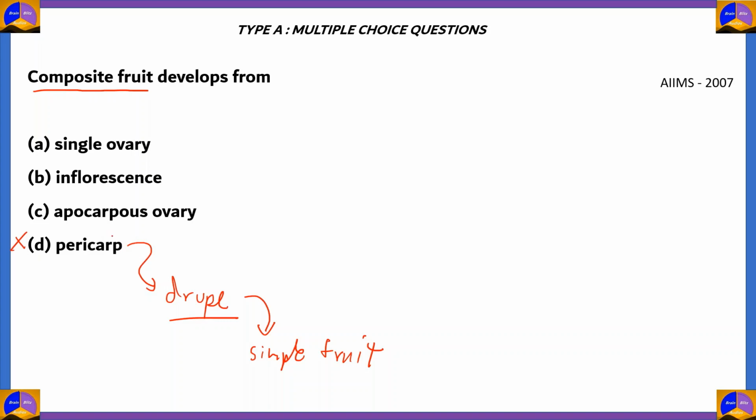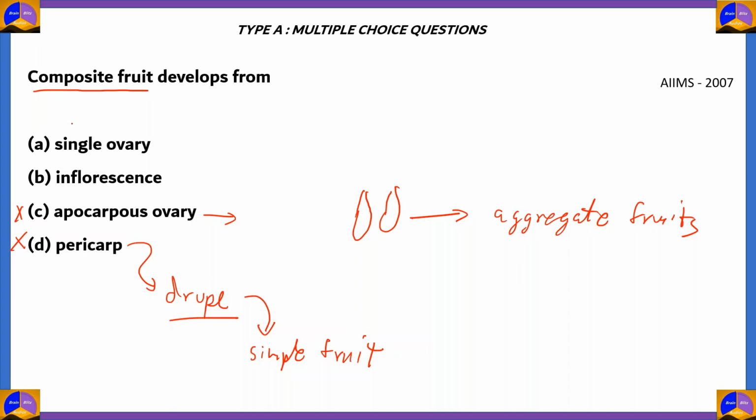Let's look at option C, apocarpous ovary. Apocarpous ovary means that the ovary is made up of two or more gynoecium in a cluster. This forms an aggregate, which leads to aggregate fruits. So option C is incorrect.